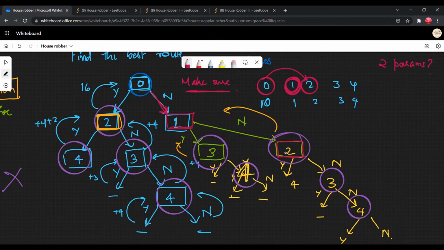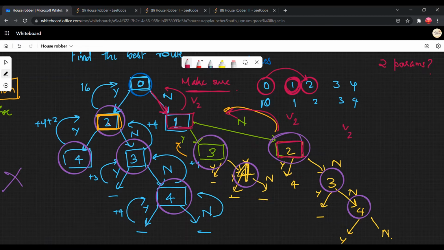If I go to 2, then the value I'm going to return is, let's say, v2. And let's assume I said no at 1 because this was lesser than what I could have got from here. So then this would go as v2.